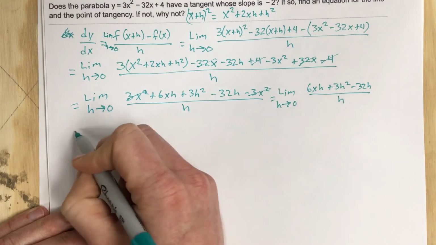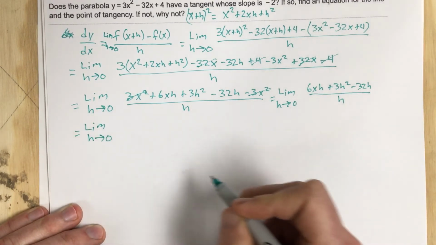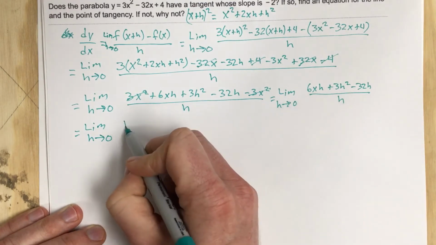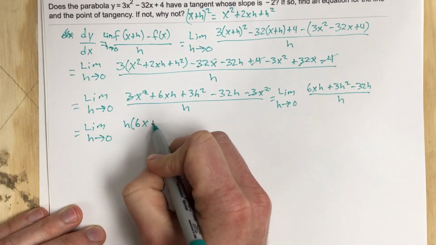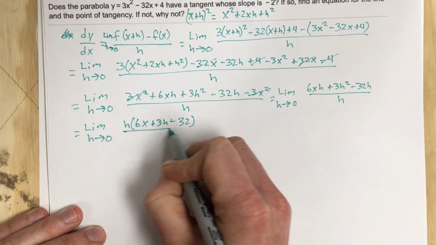Factor an h out of the top, and you get h times (6x plus 3h minus 32) all over h.